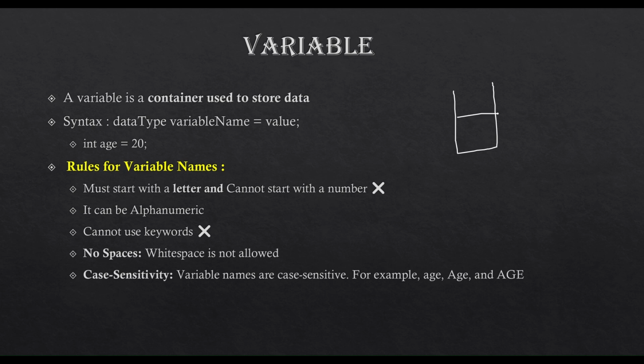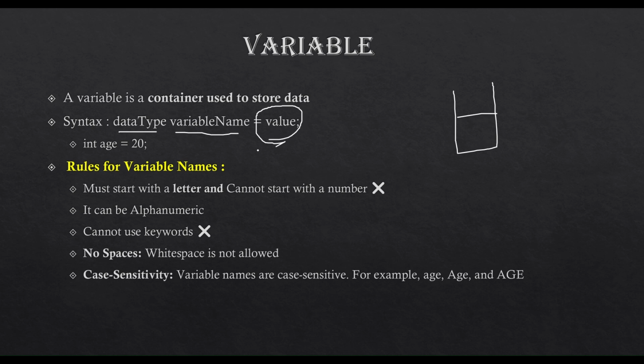So basically, for the syntax of creating a variable, you first have to mention the data type, and after the data type you have to mention the name, like a, b, c, d, whatever name you want. After passing the name, you assign the value you want to store.